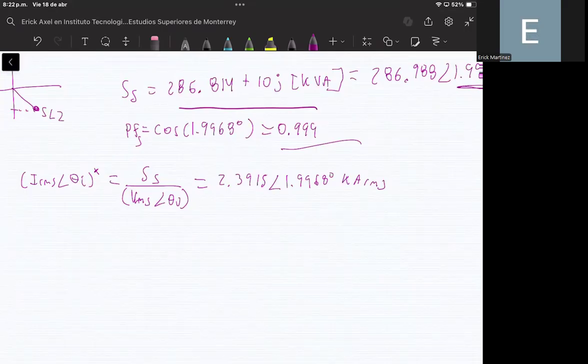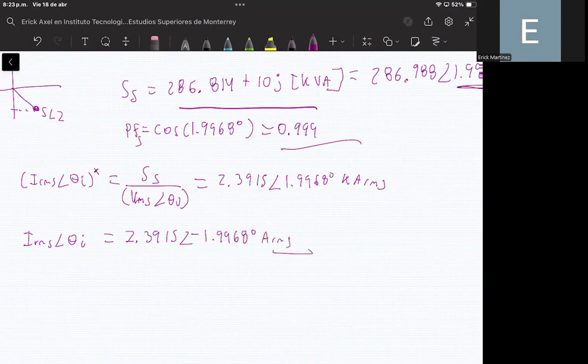We can compute the actual value of the current by only changing the sign of the angle. So if I remove the conjugate, this is equal to 2.3915 with an angle of minus 1.9968 degrees kiloamperes RMS. So this is the current.